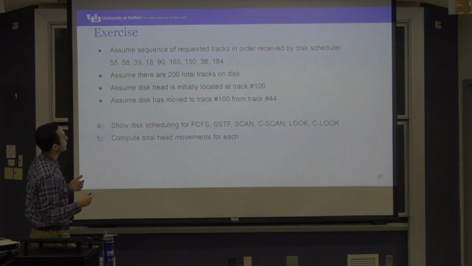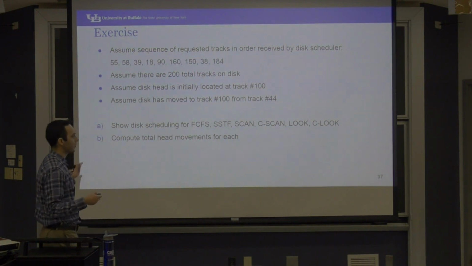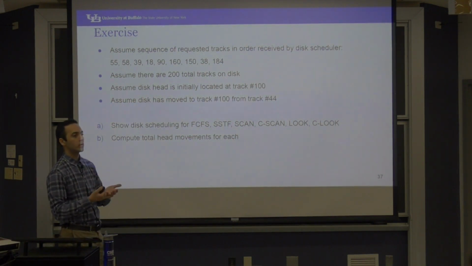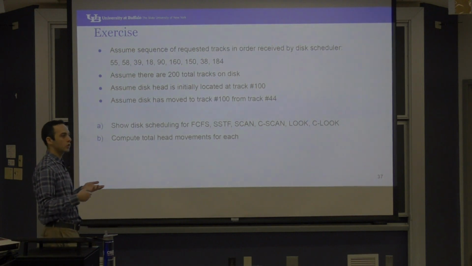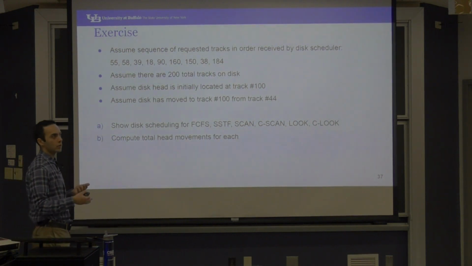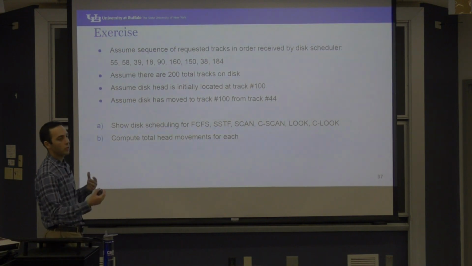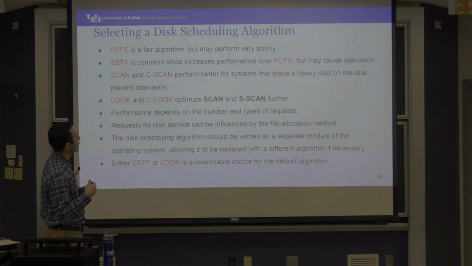And now, depending on the algorithm, you have to calculate the order of the request services, and eventually how much movement of the head it took. That also gives you the total latency. All right. So we're going to come back to this on the board.